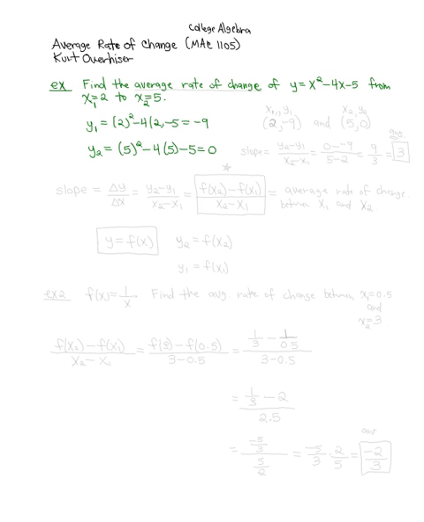And so what we end up having is 2 points. We have 2 comma negative 9, and then 5 comma 0. 2 is x1, negative 9 is y1, 5 is x2, and 0 is y2.